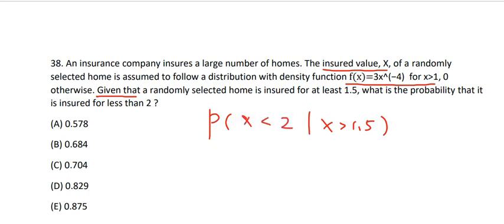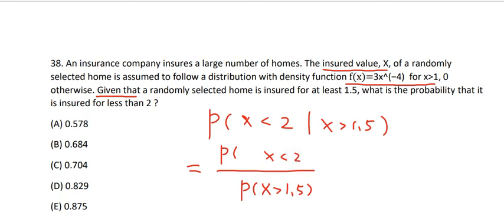So we want to find this probability, right? At first we say this probability equals P(x larger than 1.5 and x less than 2) over P(x larger than 1.5).